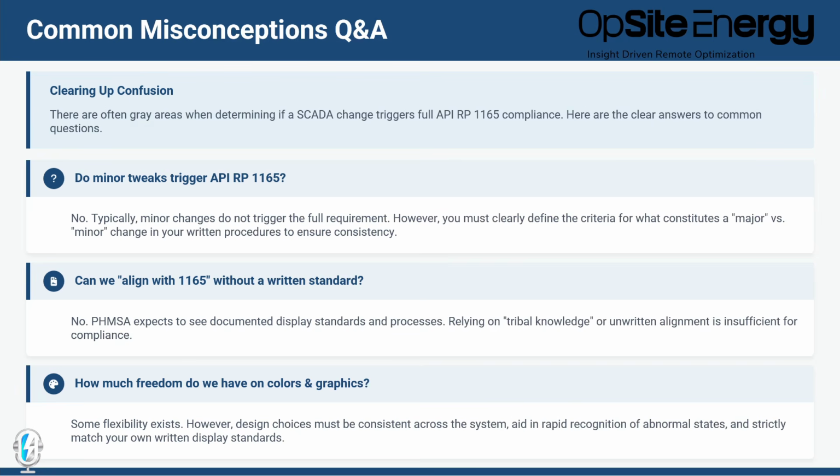Got it. Another misconception: can we align with 1165 without a written standard? Again, the short answer is no. You don't want to go in and say, well, we believe that our SCADA screens are compliant, you're not going to be able to ding us. The reality is that they expect to see that documentation.